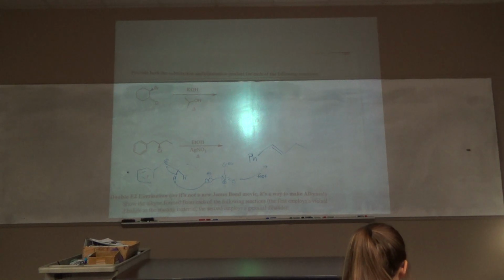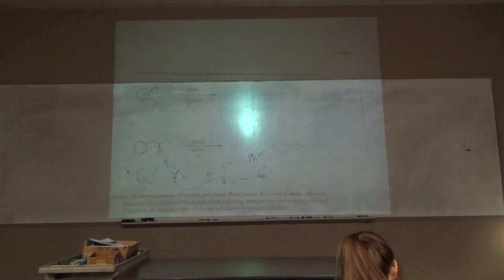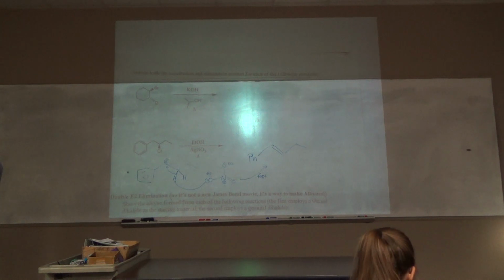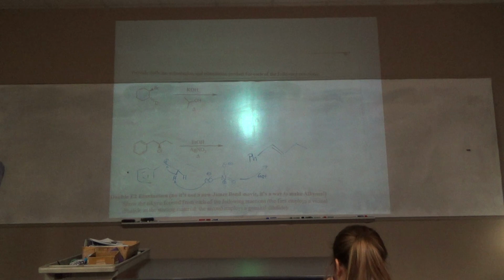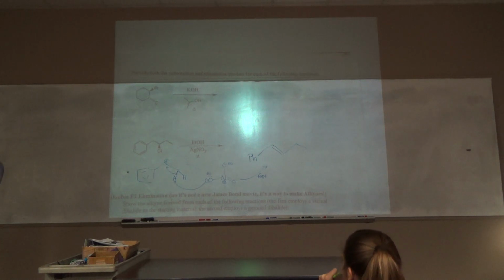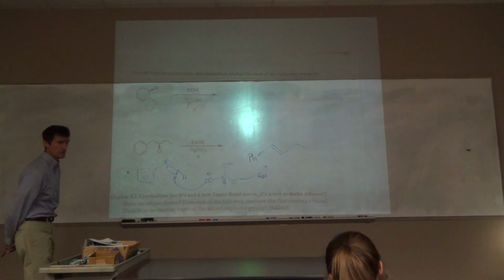Under the E1? The difference is on the first page, we were using t-butoxide, a strong base. And we said the mechanism is not E1 there because you have a strong base. It's going to do a concerted.